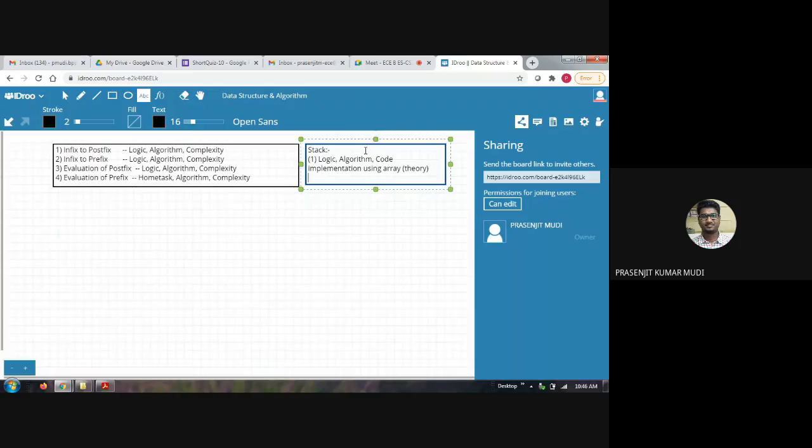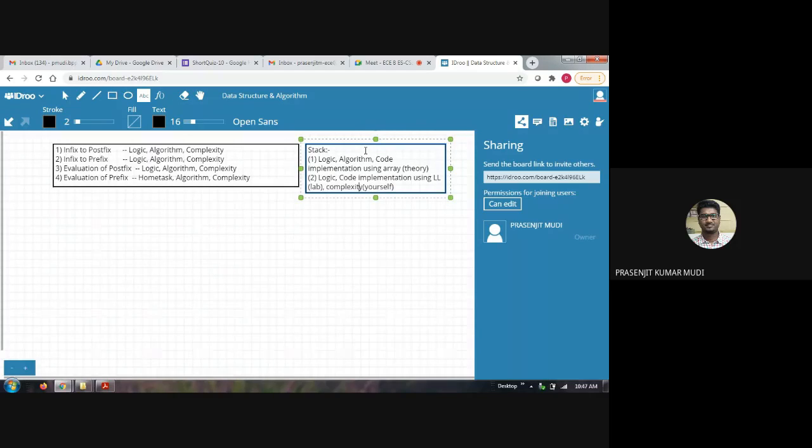Then you did the logic and code implementation using linked list in the lab. As you have to write in the lab record also, you will do the complexity on your own. So this is our agenda.